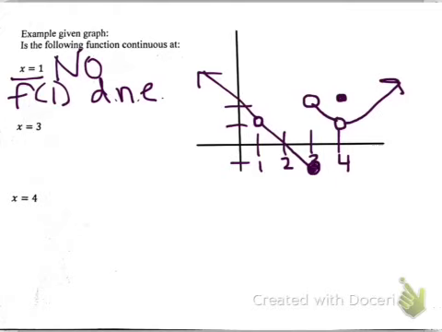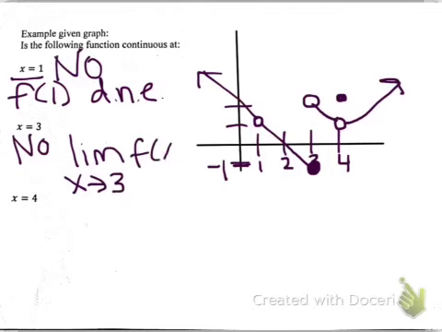Okay, at 3. So f of 3 exists. f of 3 would be equal to -1. But the limit at 3 does not exist. So this would also be no, since the limit as x approaches 3 of my function does not exist. How come? Because the left limit would be equal to -1 and the right limit would be equal to 2.